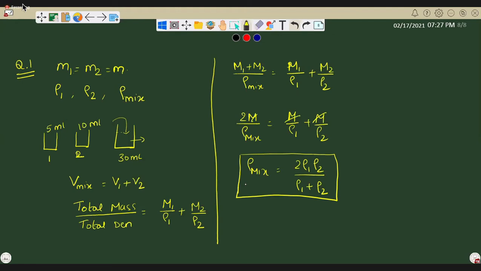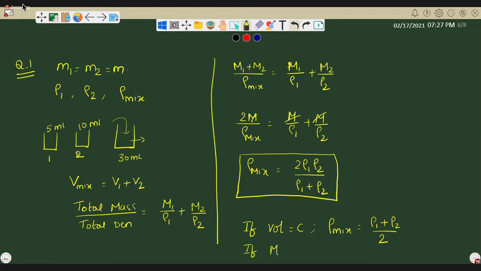Clear? Yes, sir. Now you tell me what is your resultant density. Sir, rho of mix is rho by 2. Yes. If volumes are constant, rho mixture is equal to rho 1 plus rho 2 divided by 2.